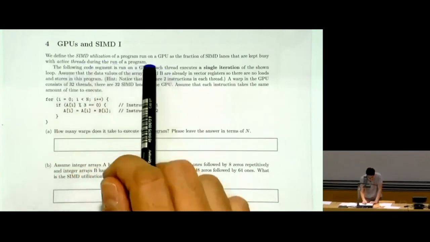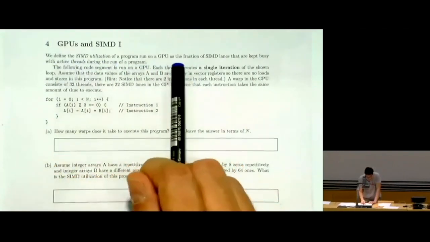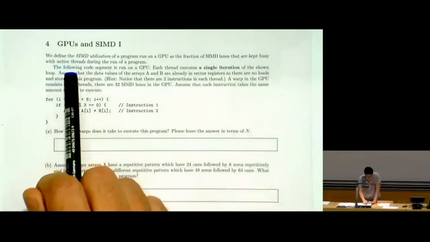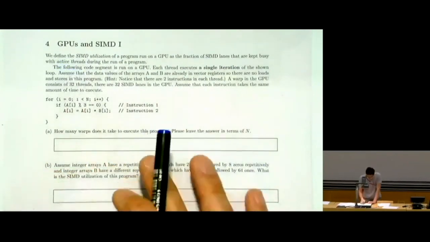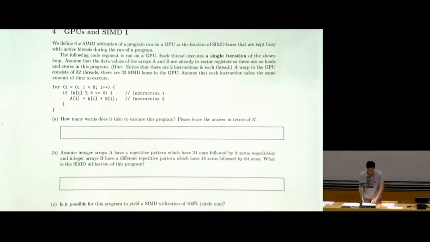SIMD utilization of a program run on a GPU is defined as the fraction of SIMD lanes that are kept busy with active threads. When are we going to have active threads? Well, we're going to have active threads when we actually execute some instructions for these threads.